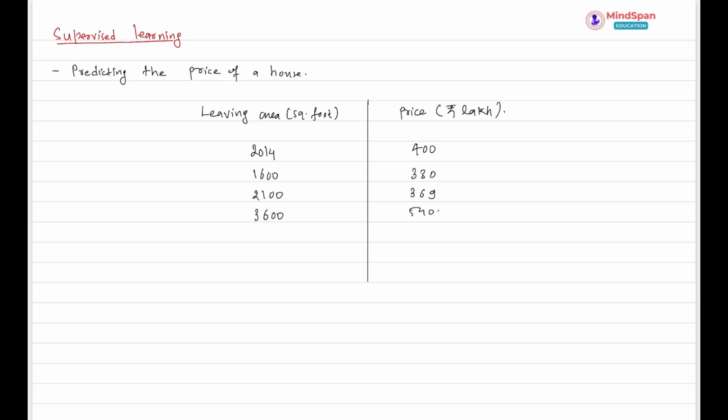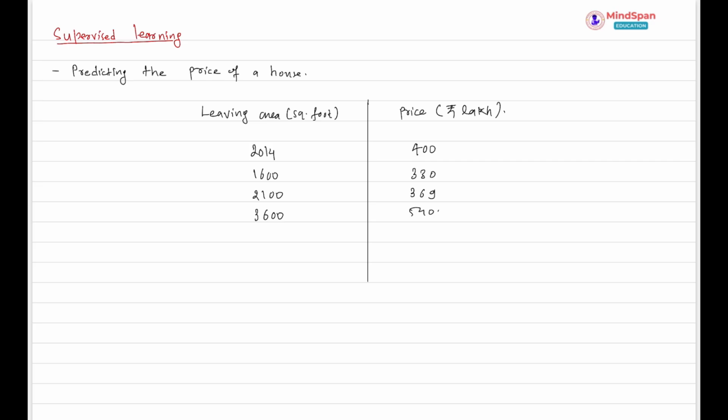These data are nothing but a long record that we have, right? So we know that for this much living area we sold the house for 400 lakhs, right? For this much area we sold the house for 330 lakhs, and so on.